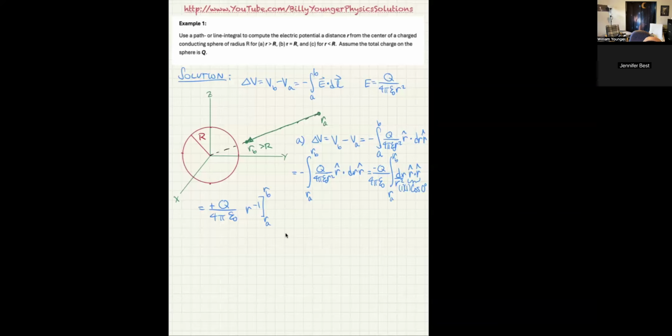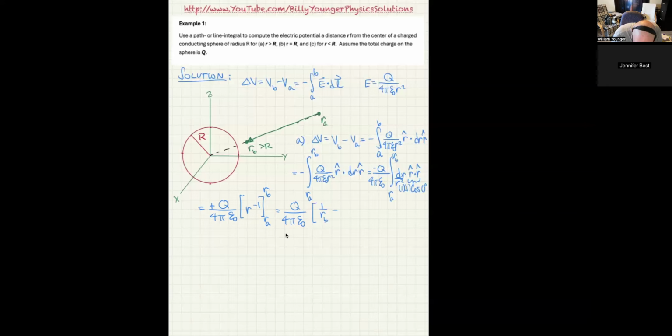But in doing so, I'm going to make the assumption that VA is equal to 0, and I'm going to take the limit as RA approaches infinity. So this becomes Q over 4 pi epsilon naught times 1 over RB minus.